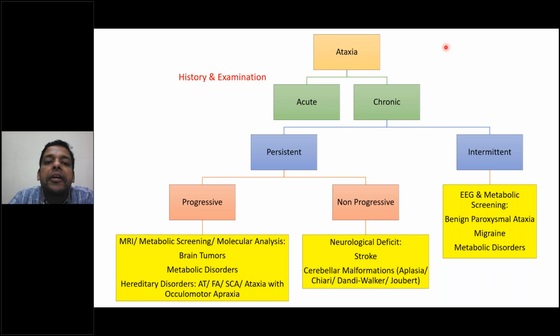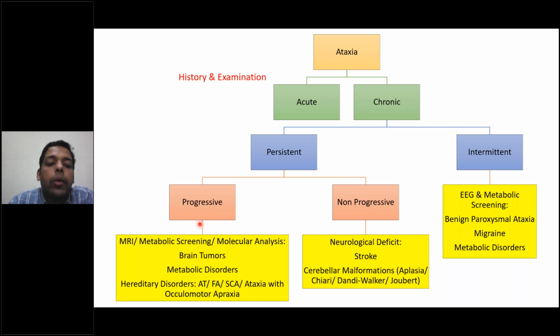If the chronic ataxia is persistent, then we need to identify whether it is progressive or non-progressive. Progressive would mean that the ataxia is gradually increasing with time.